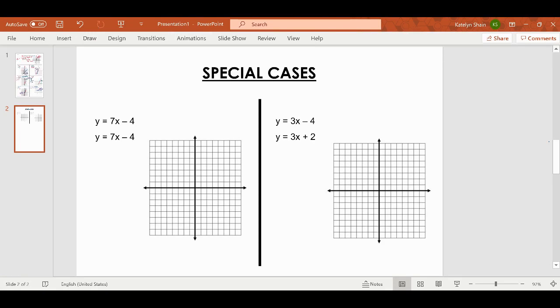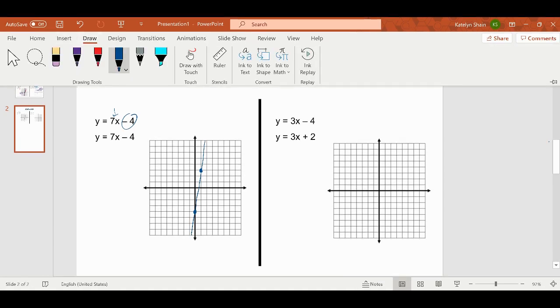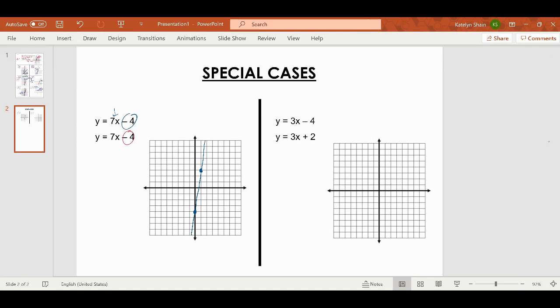So technically, these are the same line, right? I have my y-intercept at negative 4, then I have a growth of 7. So 4, 5, 6, 7, and over 1. So there is my line. Now, if I look at this second line, I still have my y-intercept at negative 4, and I am going up 7.